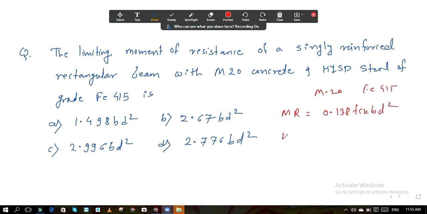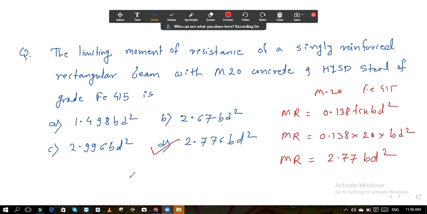So here if I put MR equal to 0.138 as it is, multiplied by FCK, M20 is given, multiplied by 20, into BD square as it is. So if you multiply 0.138 by 20, then you will get MR equal to 2.77 BD square. So your option is D. Okay, so it is such a simple question.